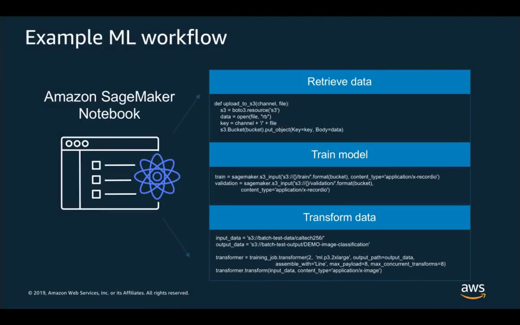So if you work with SageMaker, and I would say in general, if you work with Jupyter notebooks, you probably write code like that, right? So first you retrieve data, either from the internet if it's a public data set, or from S3 maybe. If you're using internal data, maybe you're pulling data from another backend.